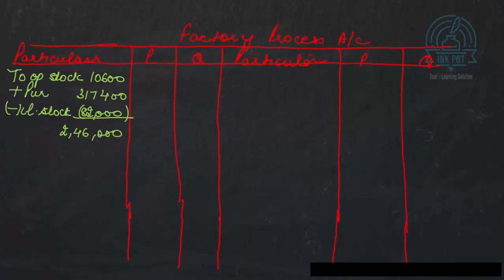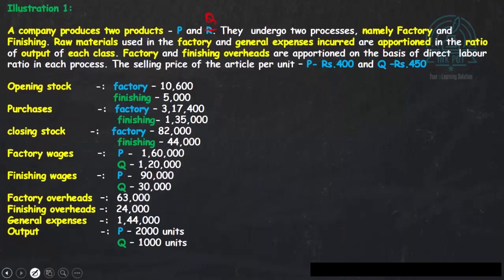Right? Now we are given that the raw material is to be apportioned in factory. Raw material is to be apportioned in the ratio of output of each class. So the ratio of output is 2:1, right?